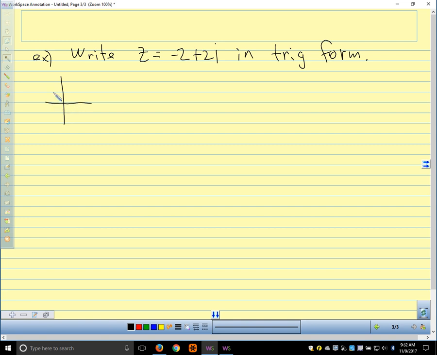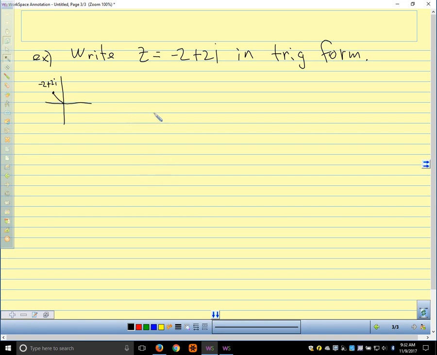Well, there's -2 plus 2i. There's that complex number, and I'm going to draw the little segment there. The segment is just to help us visualize the operations that we're doing. The point is the complex number. This point here.